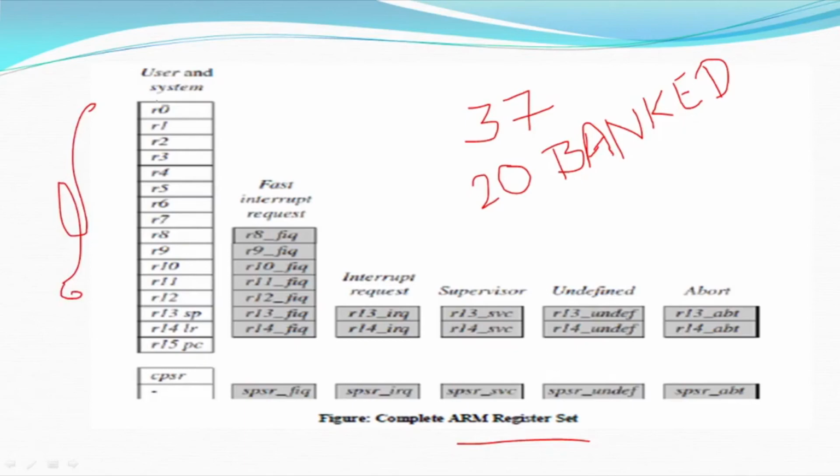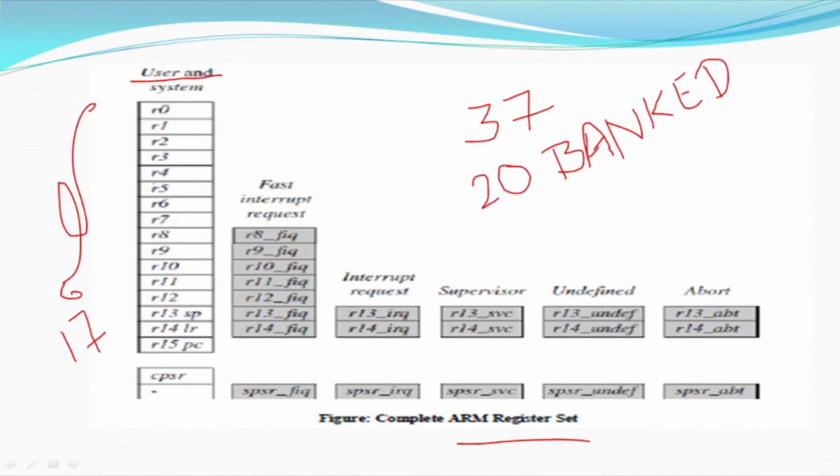So there are a total of 16 registers plus CPSR, that is 17 registers. While the user runs some simple application or code, your processor exists in this particular mode, that is user mode, when these 17 registers are available.